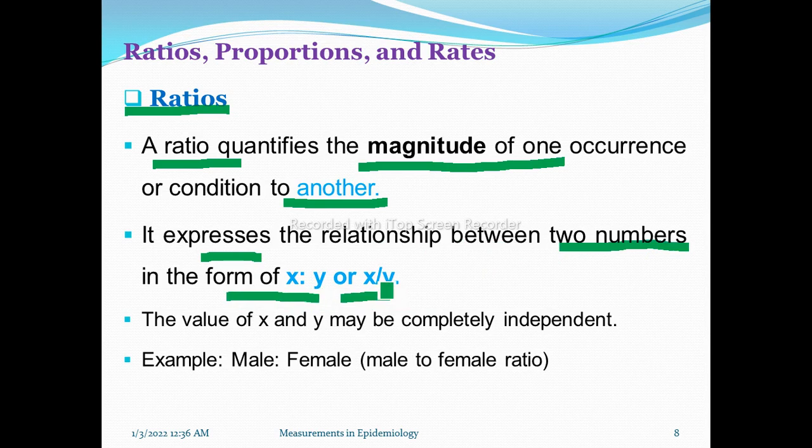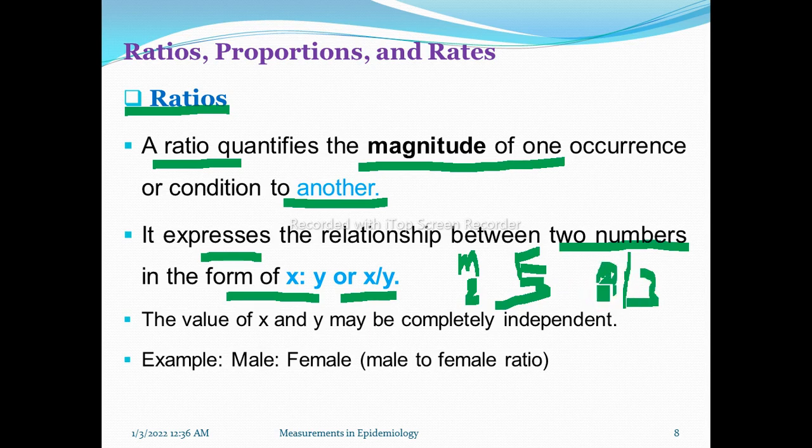For instance, there is male here and female here. If male is 2 and female is 3, either we can put it as 2 to 3, or we can say 2 divided by 3.